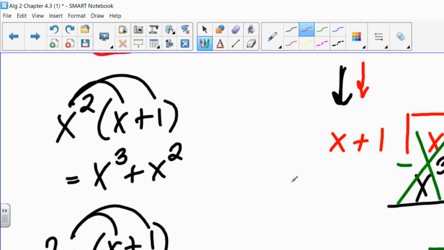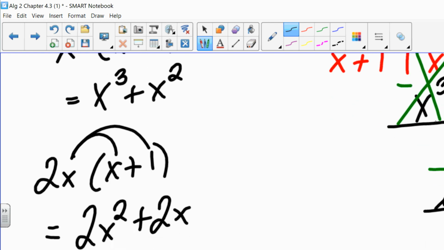Would just be x. And then now we'll do it again. What times x gives me x? Because we already do have x to the first, so it's just being multiplied by 1.